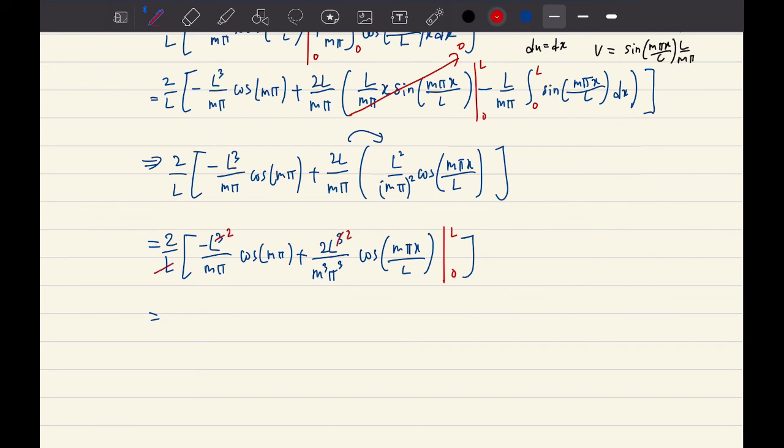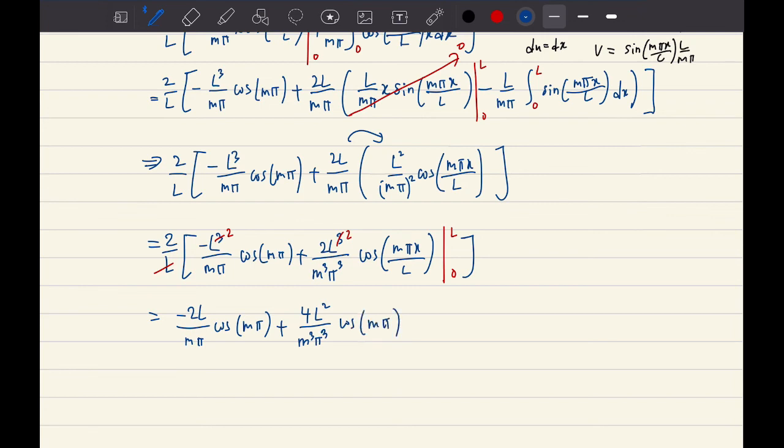Distribute the 2, and we get negative 2L on m pi cos of m pi plus 4L squared on m cubed pi cubed cos of m pi.